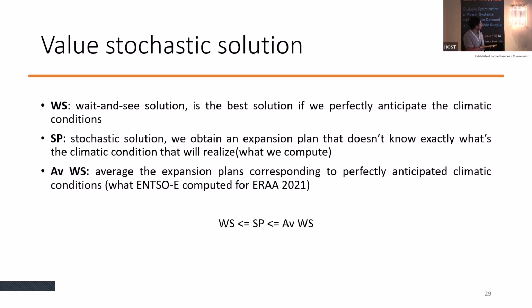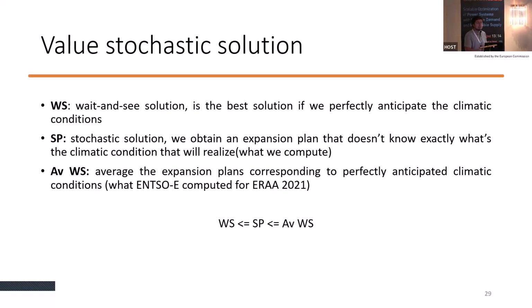Now let's go back to this slide. This last bullet refers to the average wait-and-see solution. This corresponds to averaging the expansion plans that correspond to perfectly anticipated climatic conditions. This solution is of particular interest for us because, first of all, it's quite easy to compute. You don't really need to do something sophisticated.